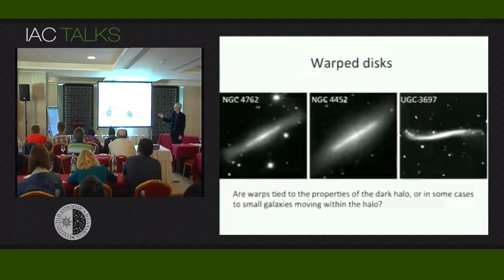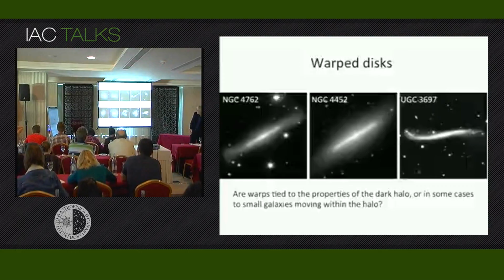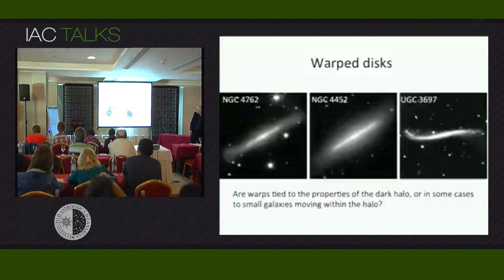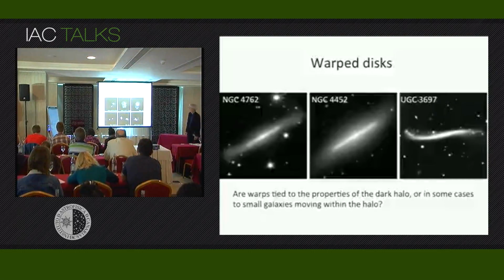And if you have such a thing, the self-gravity of the inner disk might be able to keep the disk flat, but the outer parts are more weakly bound, and they're trying to twist to be parallel to the equatorial axis of the dark halo.